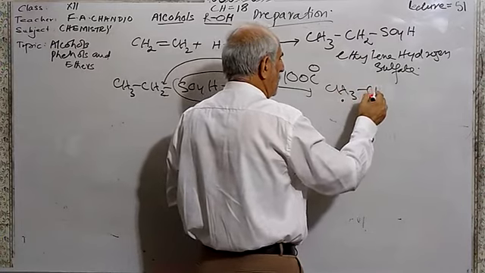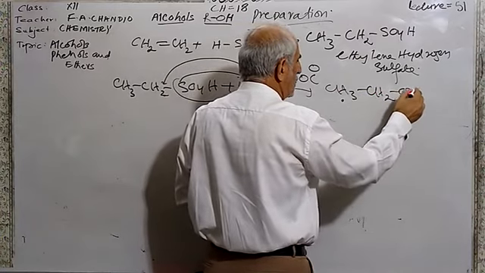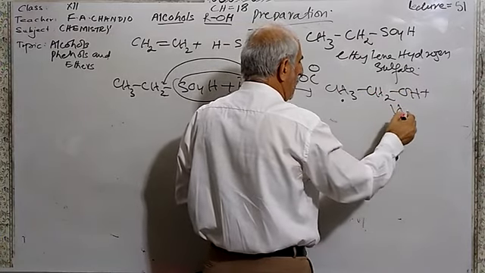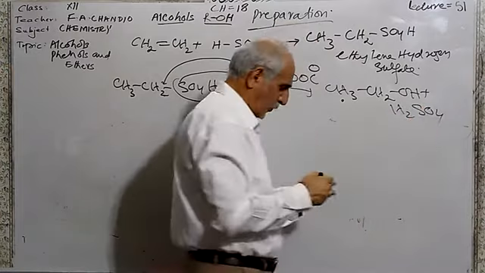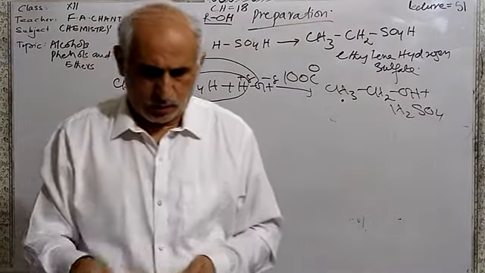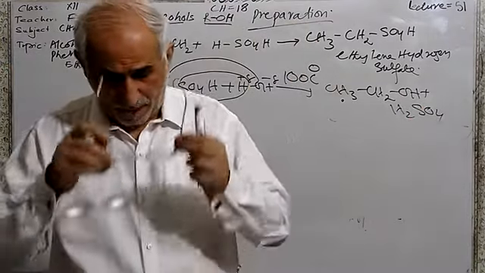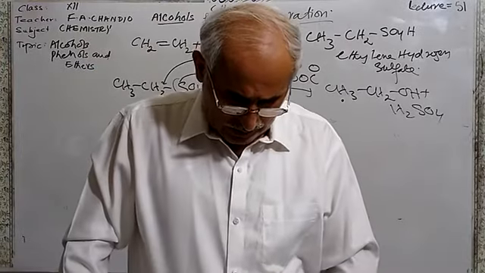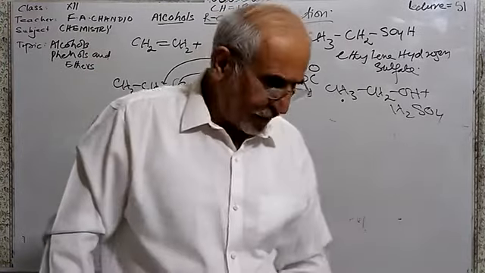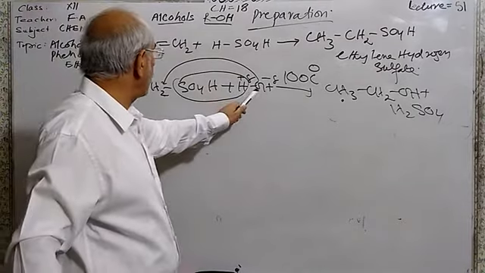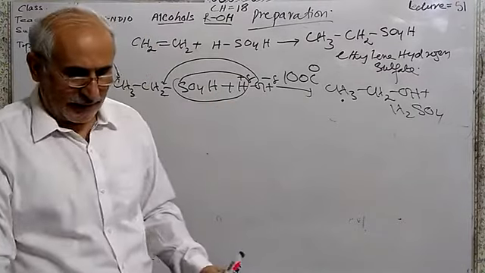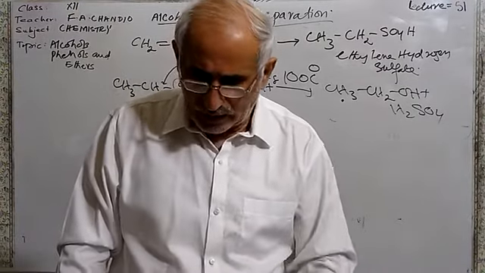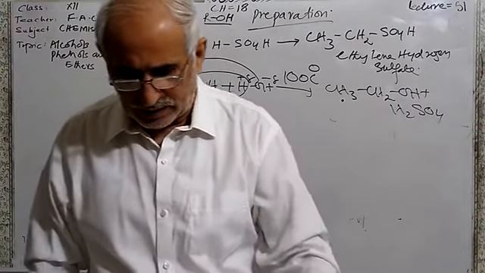This ethanol is formed, and sulfuric acid is regenerated in the two steps. So on dilution with water at 100 degrees centigrade, you will get alcohol and sulfuric acid. This is the first method.